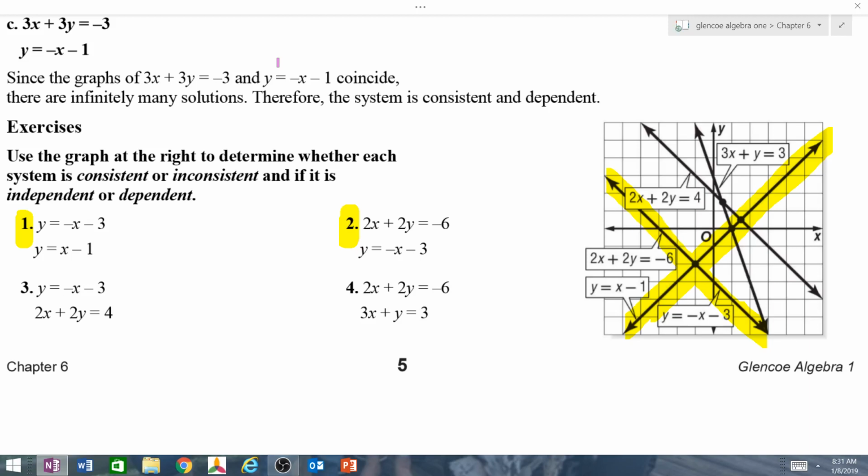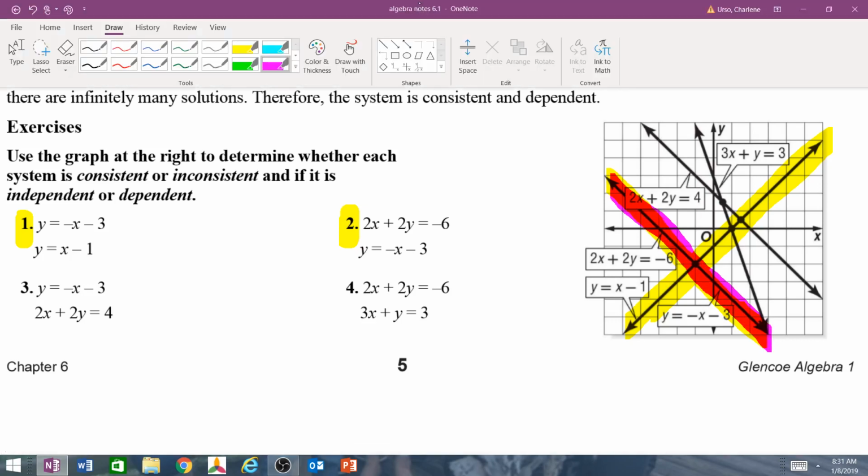Does everybody have 1? All right. And then number 2 is 2x plus 2y equals negative 6, and y equals negative x minus 3. So the second one, I'm going to do in pink. Getting fancy here.